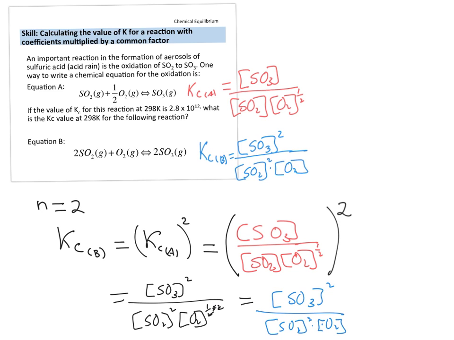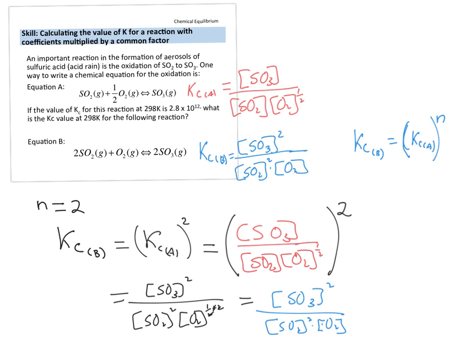So in a generalized form, when we have a second equation that is a multiplication of the first, and we identify the common factor, we can conclude that the Kc expression for that second equation, which I'm calling B, is equal to the Kc expression of the first one raised to the common factor identified.